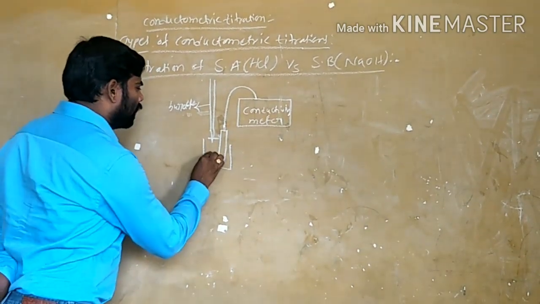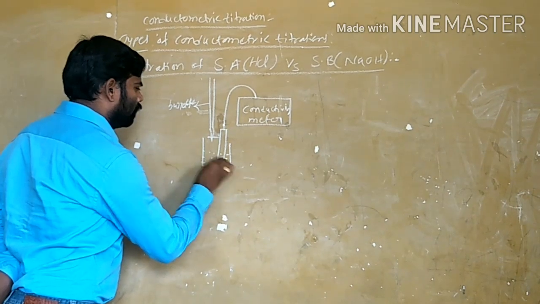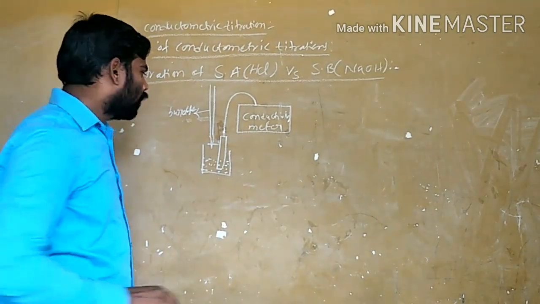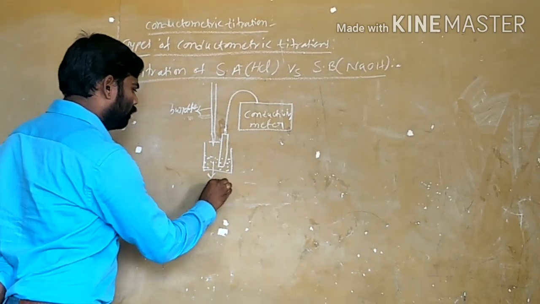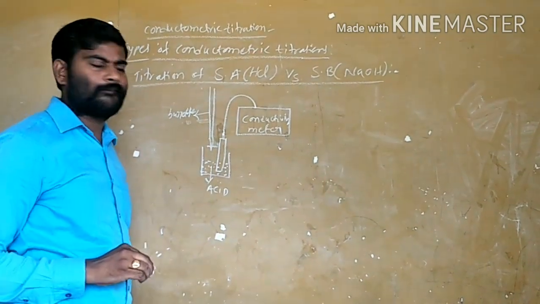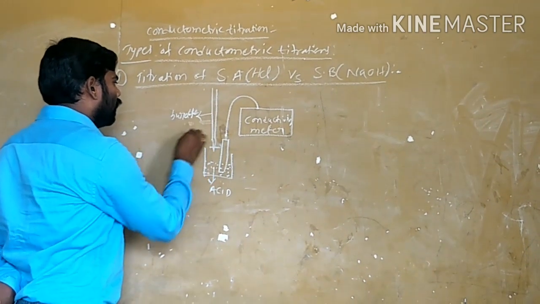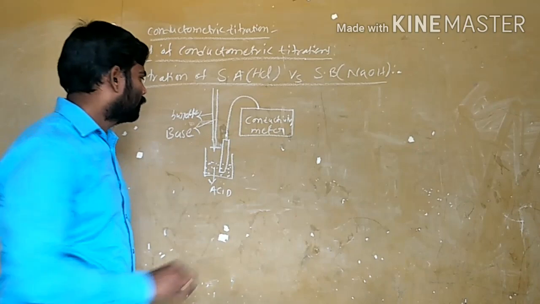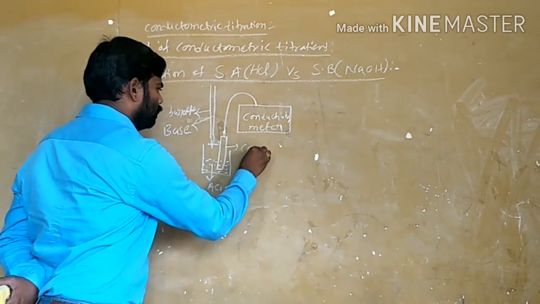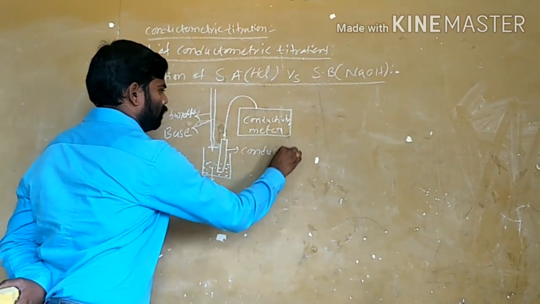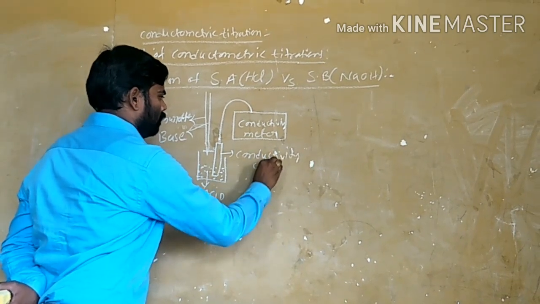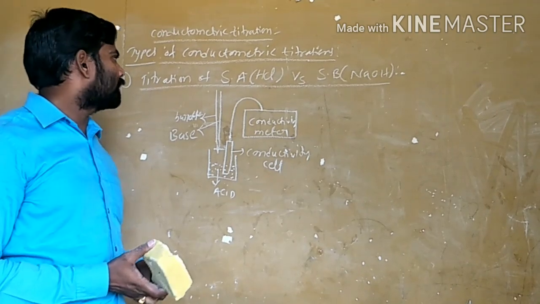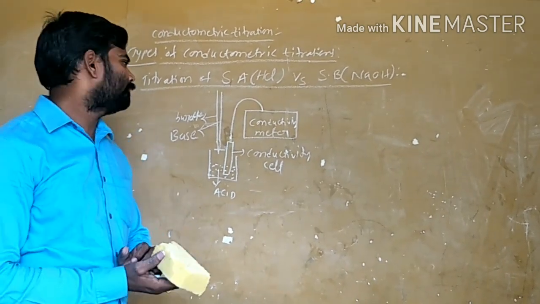We are taking a beaker and a burette. In the beaker we are taking some amount of acid, and the burette we are filling with a base. This is the conductivity cell.